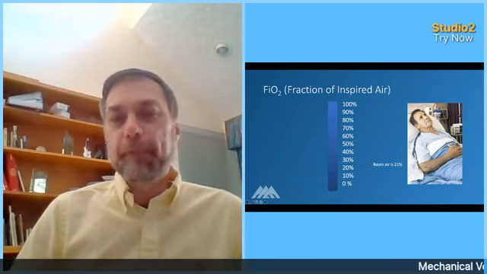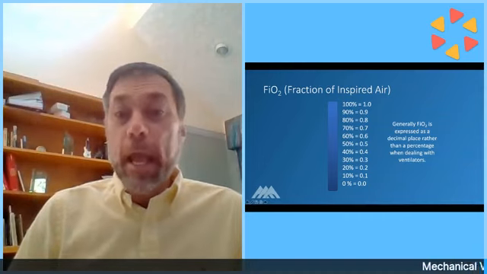Okay. So if we advance the slide, generally FiO2 is 21% on room air, but we can increase it by adding more oxygen and adjusting the FiO2. Now, as you might know, a lot of times on your ventilator, and even when we talk with respiratory, rather than talking about these in percentages, we talk about them as decimals.